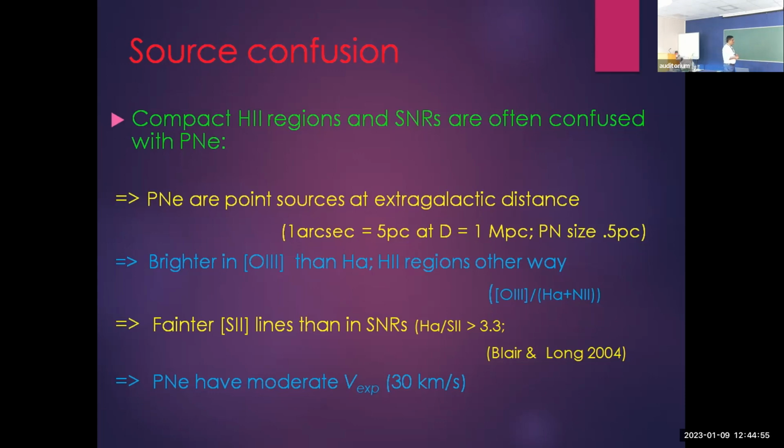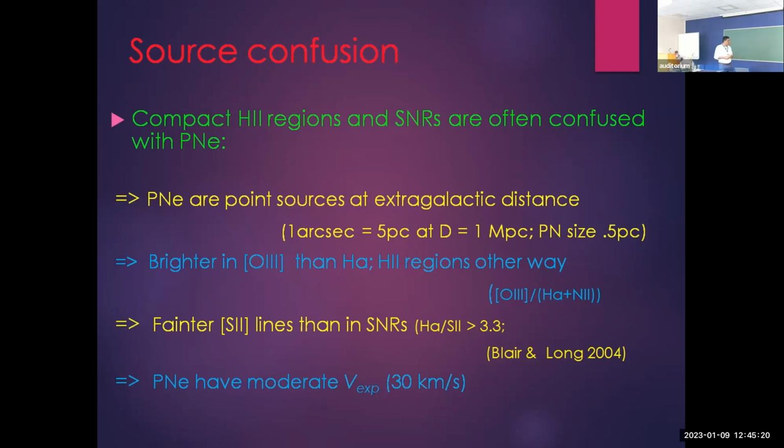If you are confusing them with supernova remnants, then the sulfur line can be used, because the H-alpha to sulfur line ratio is larger than 3.3 for the supernova remnants, whereas for planetaries it's the other way.